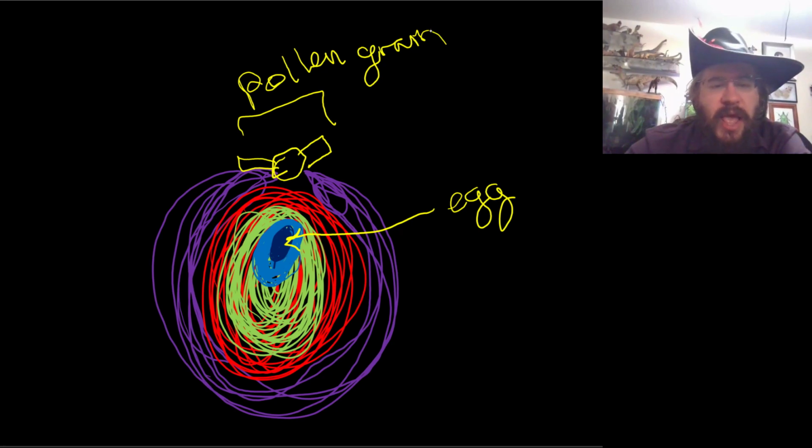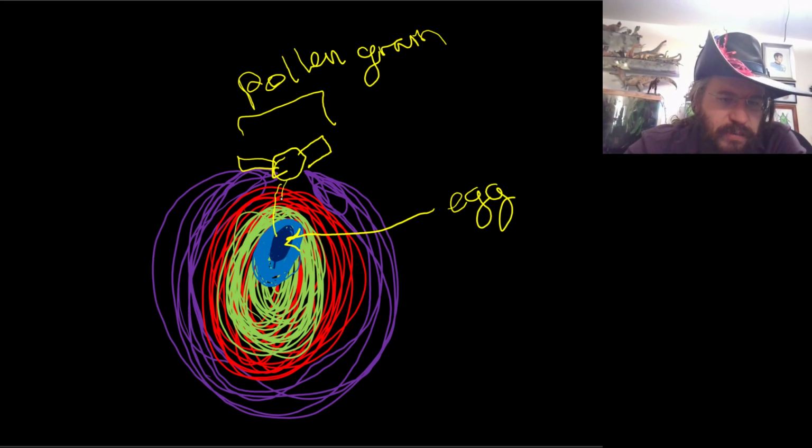My pollen grain has, despite all odds, managed to land over at the ovule. And we are going to have a pollen tube grow. It is literally just a little invasive tube that grows through the tissue layers and connects up to where the egg is.